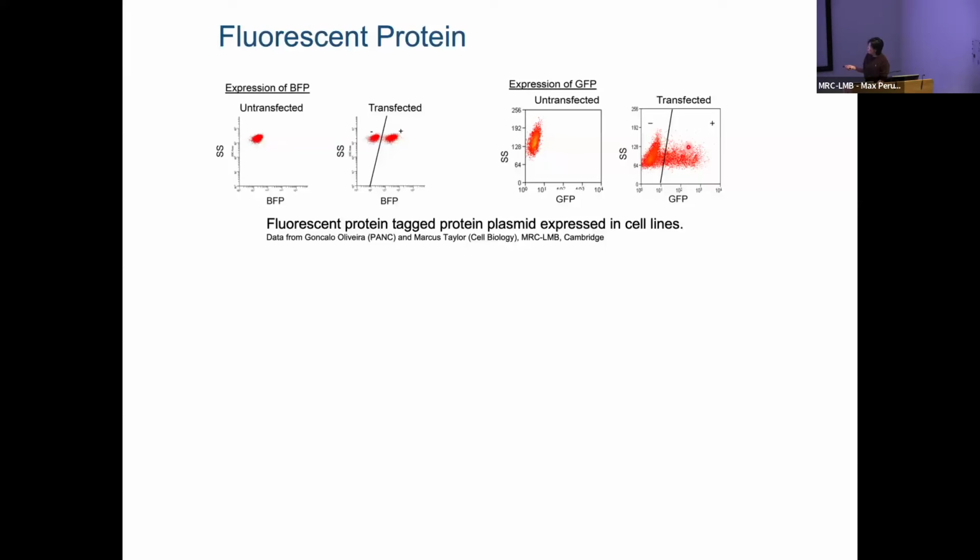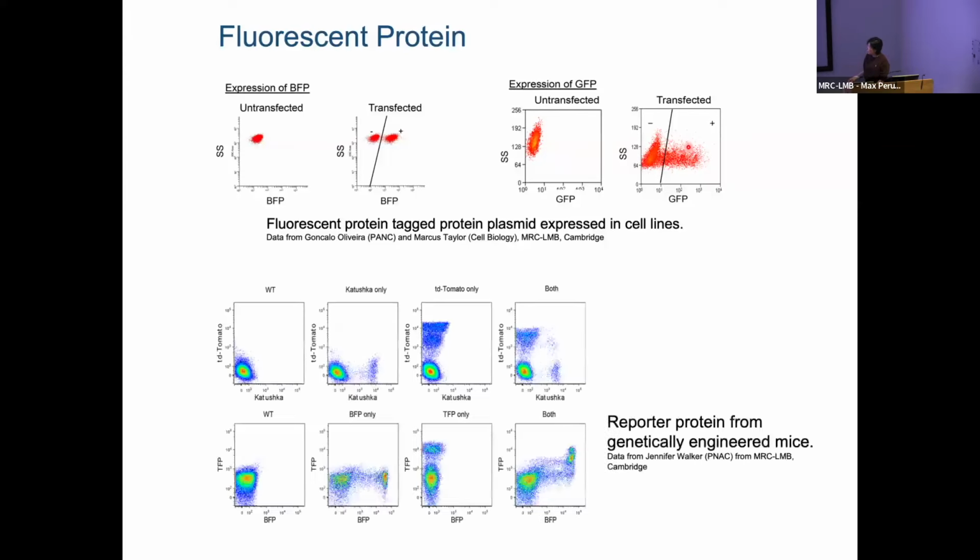Not only these two fluorescent proteins, we detect a whole range of fluorescent proteins, depending on your needs. You can also use a combination of fluorescent proteins in your experiment. This is a confetti mouse generated in Mackenzie's lab. They have fluorescent proteins coupled with transcription factors: Katushka, tdTomato, EGFP, and TFP.